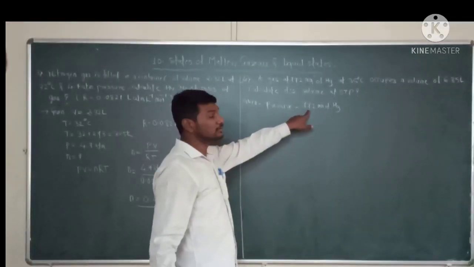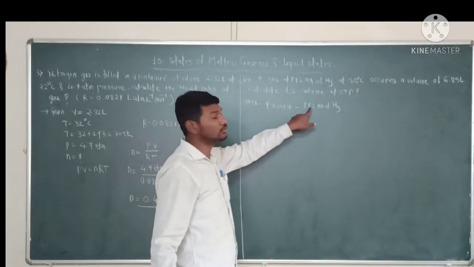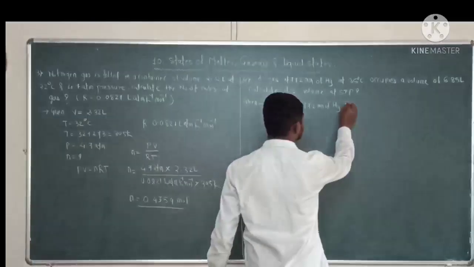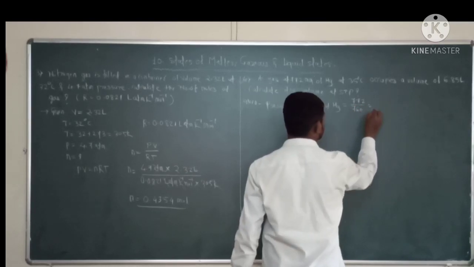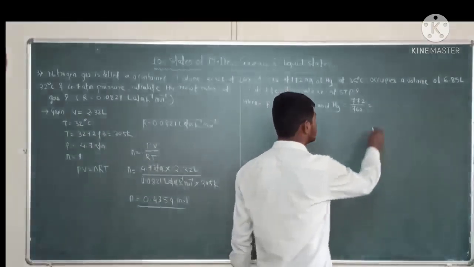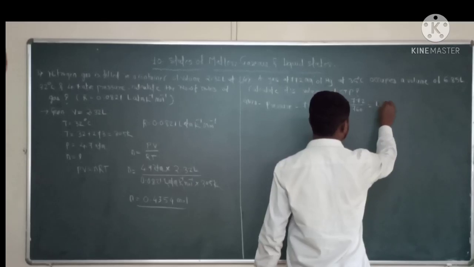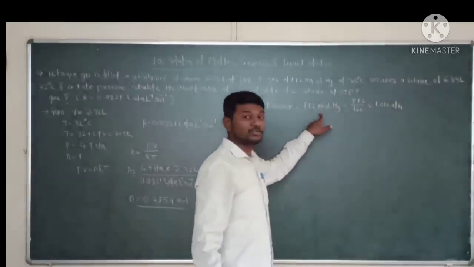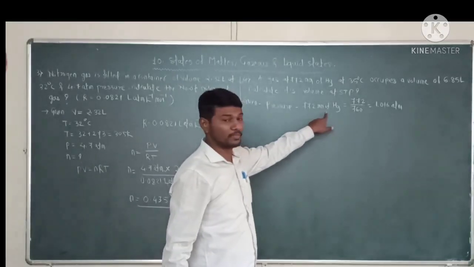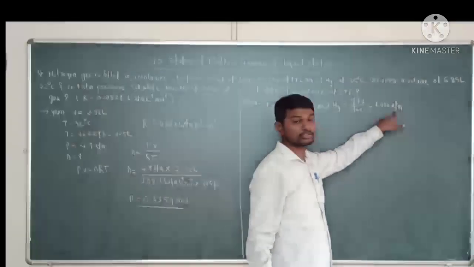Convert this pressure into atmosphere, that is 772 divided by 760. We get the answer, that is 1.016 atmosphere. That means this unit, millimeter of mercury, is converted into atmosphere pressure.